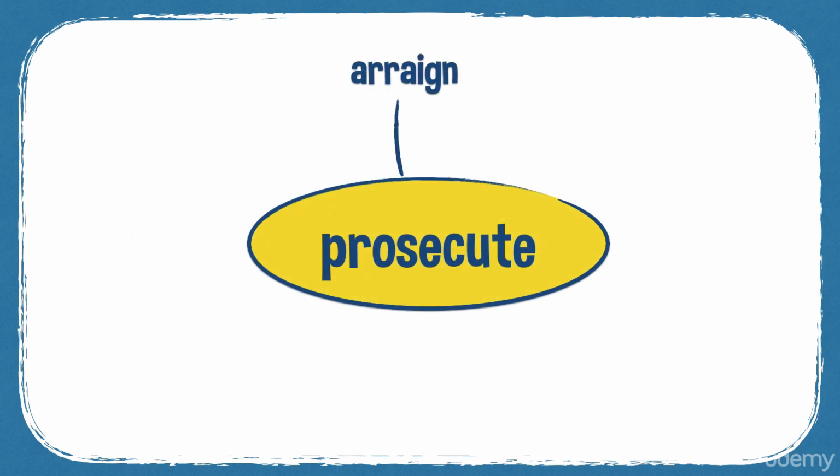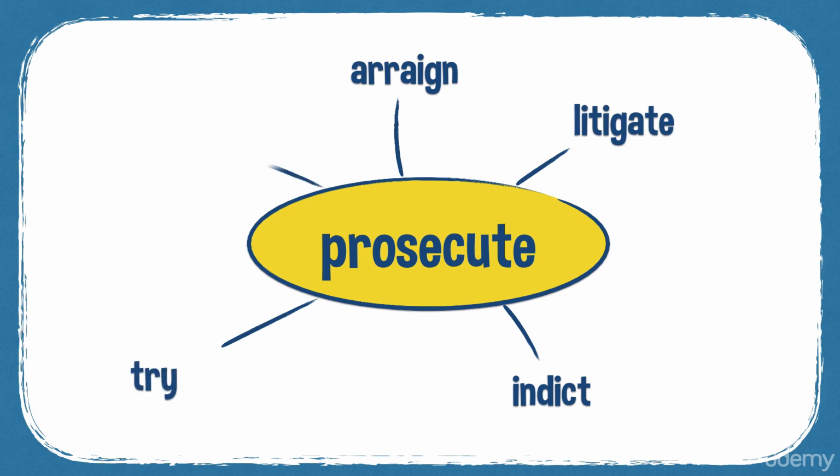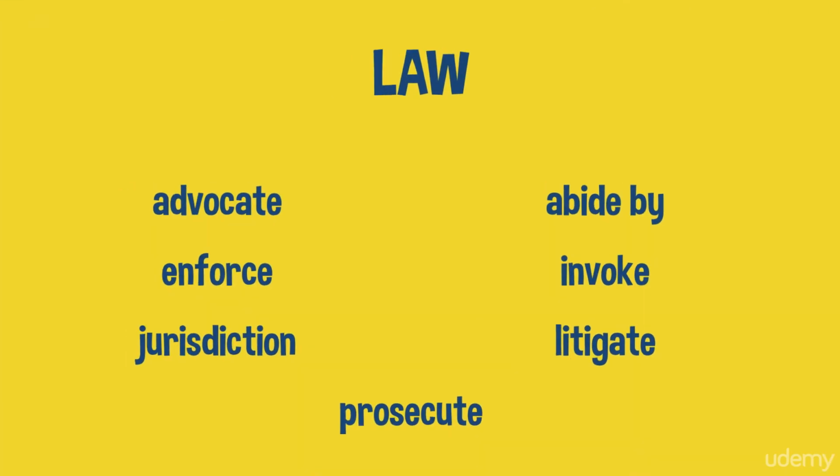Again, it's quite a specialised word, but some synonyms: arraign, indict, litigate, try, and sue. So there are your 7 law words: advocate, abide by, enforce, invoke, jurisdiction, litigate, prosecute.